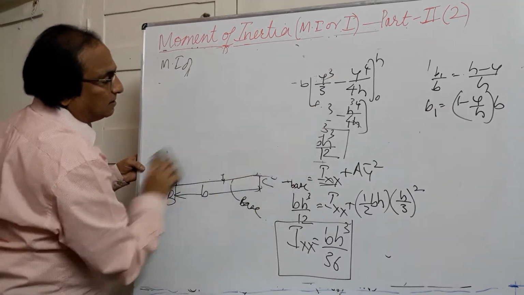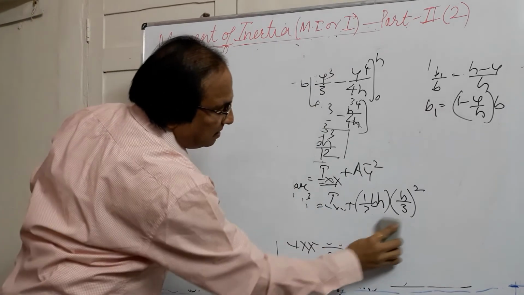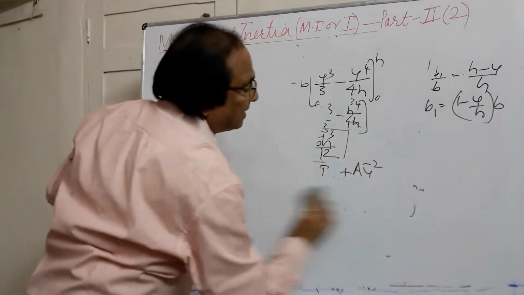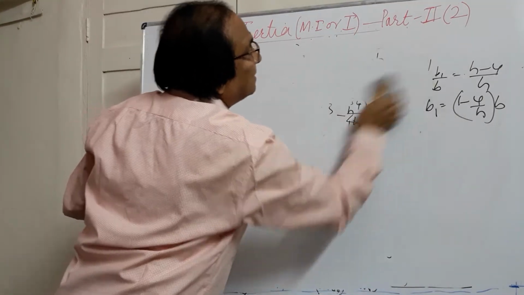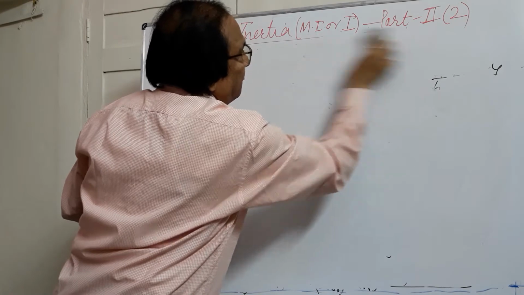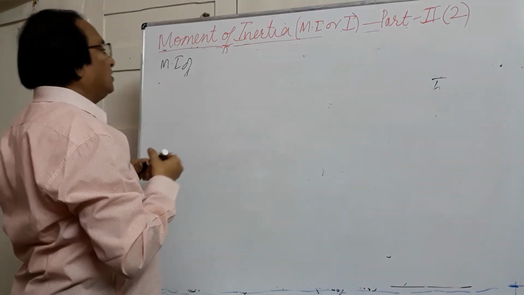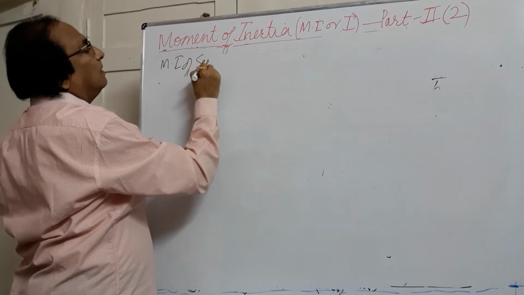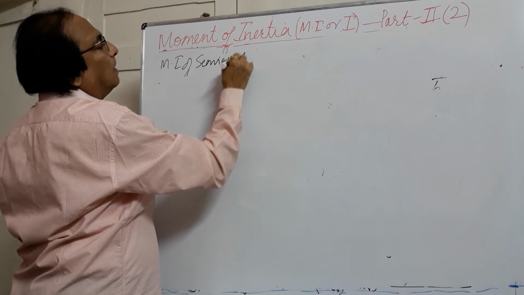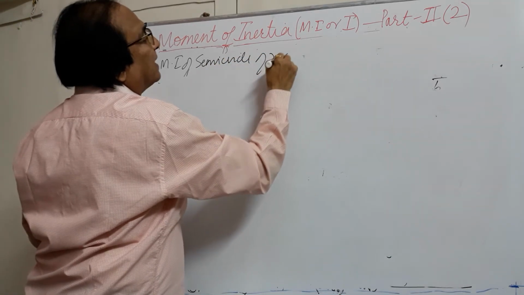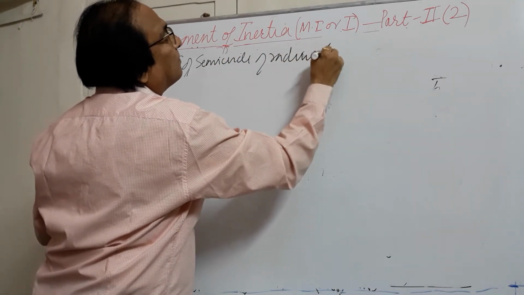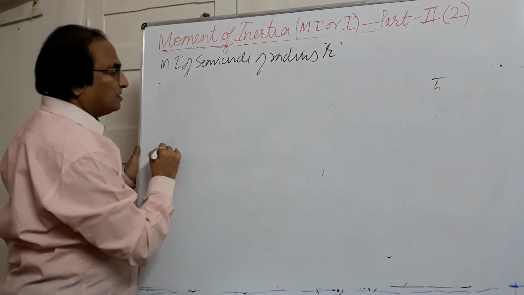We have seen rectangle, circle, triangle. Now we will see semicircle. So moment of inertia of a semicircle of radius r. I will not go from the first principle.